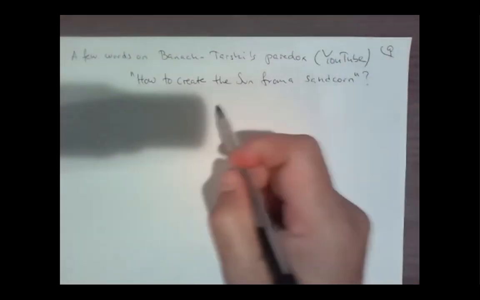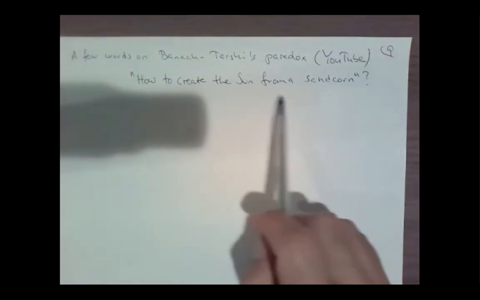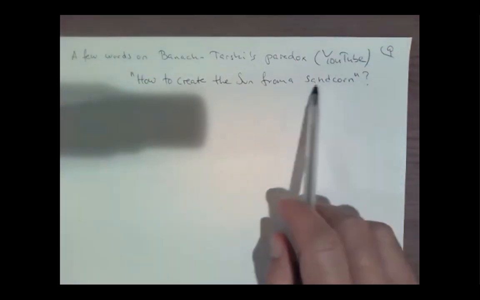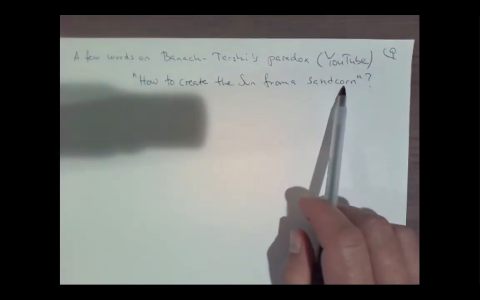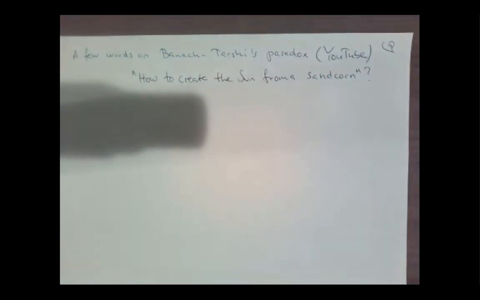If you go to YouTube and you search for something like this, you'll see a number of videos coming up. And so the spirit here is how do you take something that is incredibly small, a sand grain, and create something that is incredibly big from it?